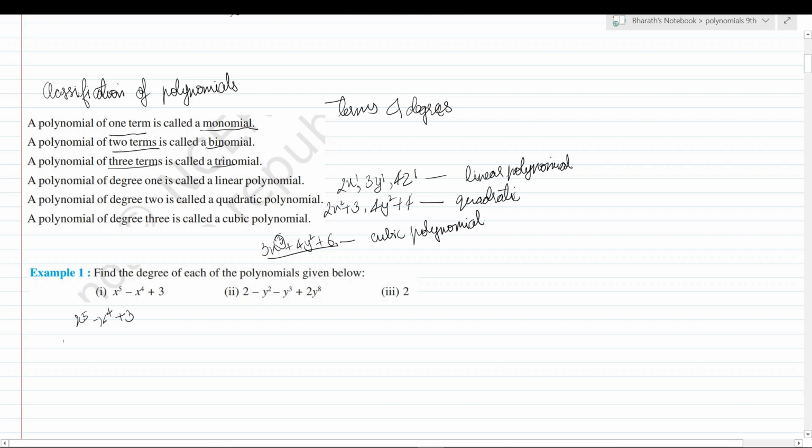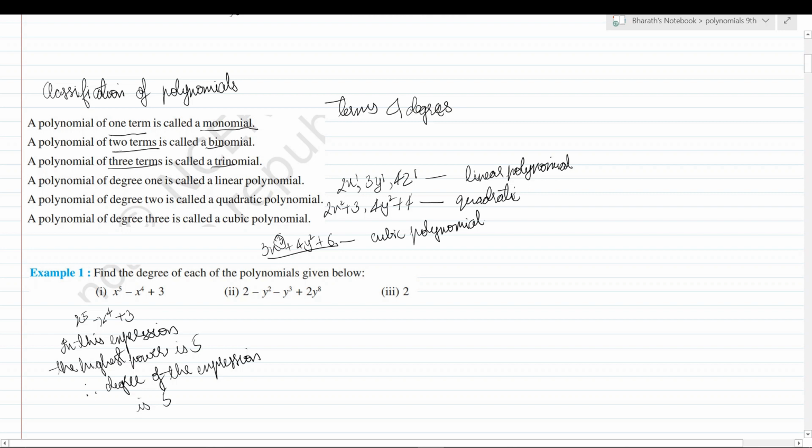Then in this expression, the highest power is 5. Therefore, the degree of the expression is 5.